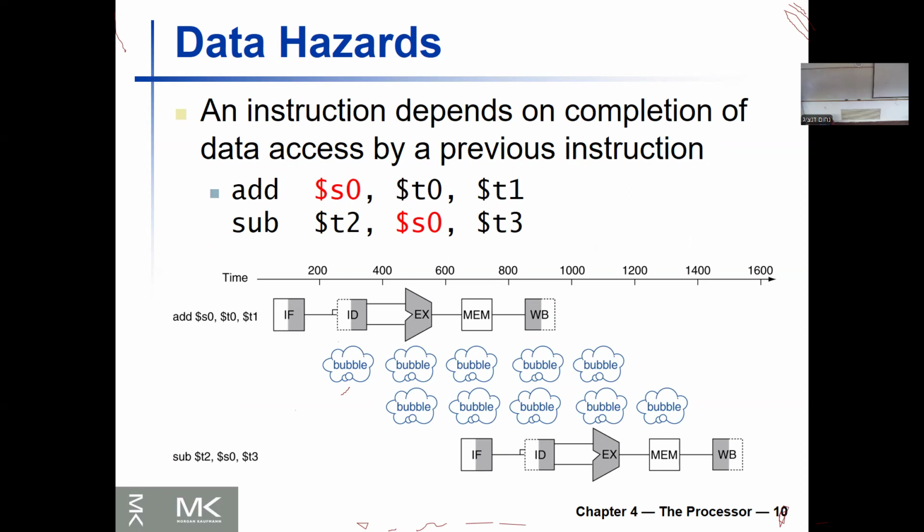Data hazard is just like the example I gave you. Look at this example. If I say S0 equals T0 plus T1, and now the next command is T2 equals S0 plus T3. Well, S0 isn't ready yet. So what I might do is, here's the add, and here's the subtract, the second.